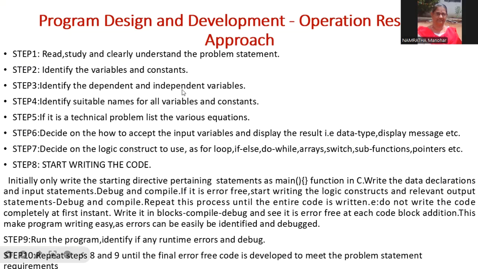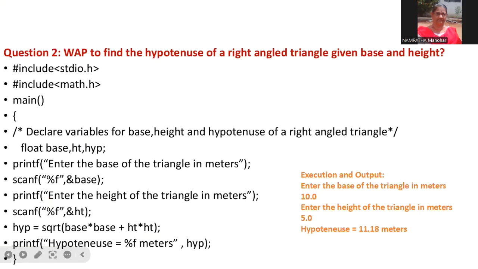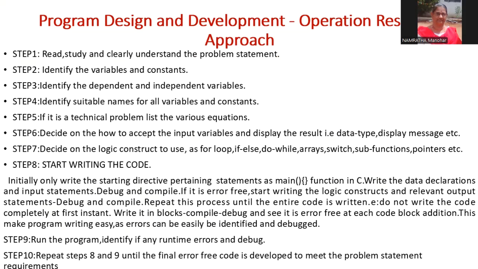Then identify the dependent and independent variables. If you have a little exposure to OR, you would understand this more clearly. Okay, no issue. What are the dependent and independent variables in our program? The dependent variables are area and circumference. On what are they dependent? They are dependent on the radius. So radius is an independent variable.